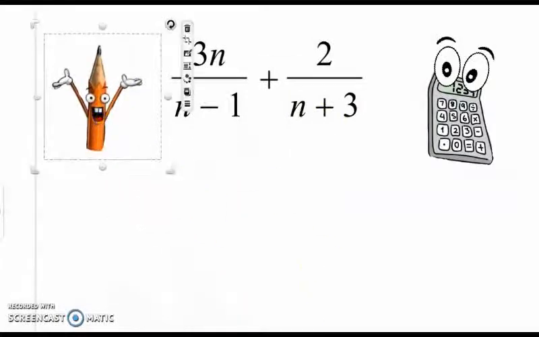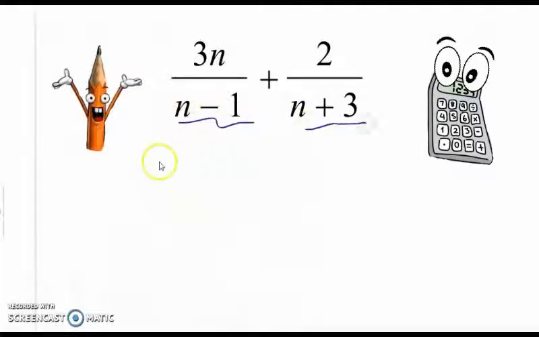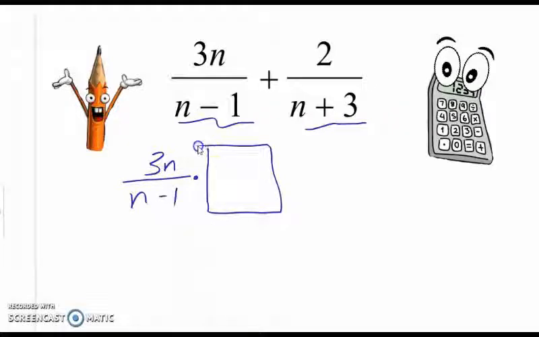So we have unlike denominators right now, which means that we'll have to make them like. So how are we going to do that? Well, for one, we're going to bring over n plus 3 from the other side to the left side, and then on the right side, we're going to bring over n minus 1 to distribute it.